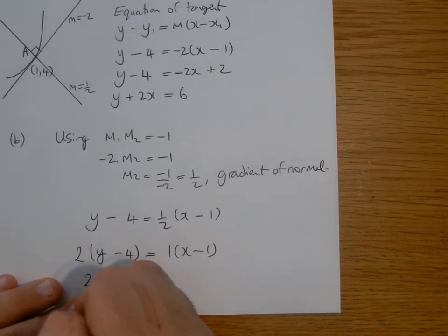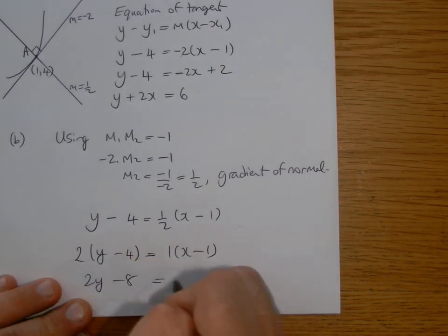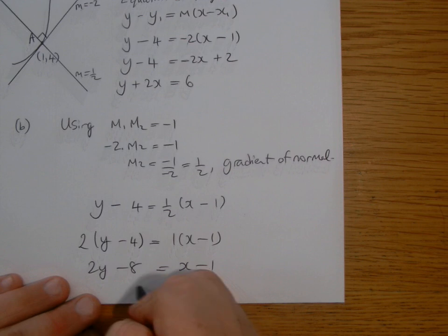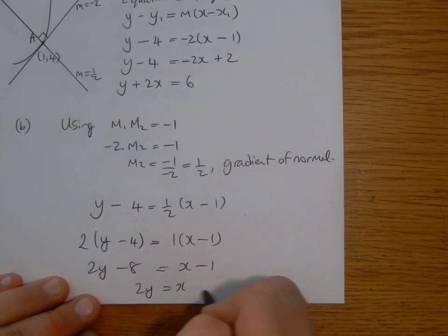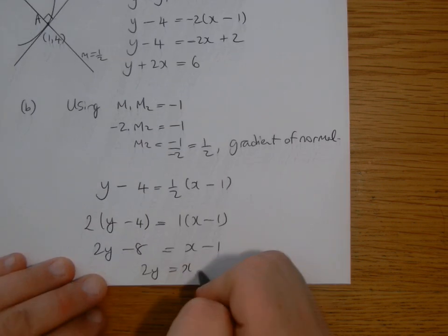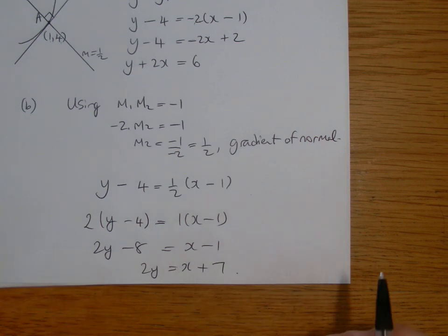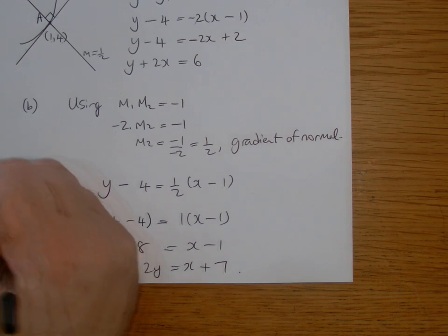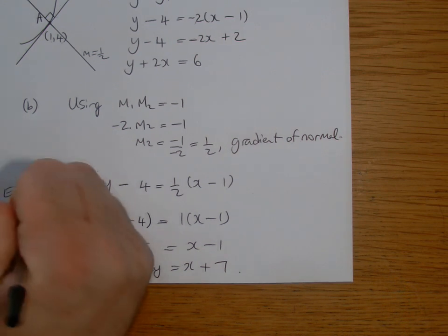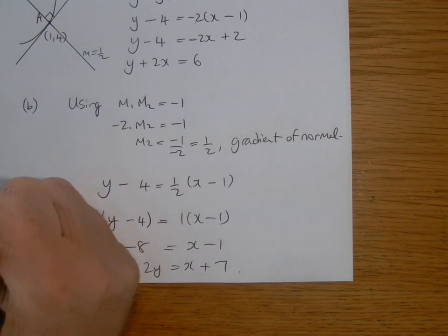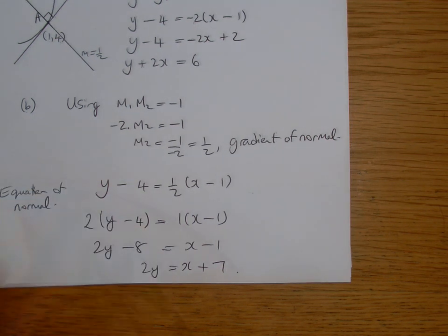And then if I expand, 2y minus 8 equals x minus 1. So you could maybe write that as 2y equals x plus 7. Doesn't matter which way you put your letters, as long as you simplify it correctly. Okay, so that's my answer there for the equation of the normal, and make sure that you annotate that there to explain what you worked out, and we're done.